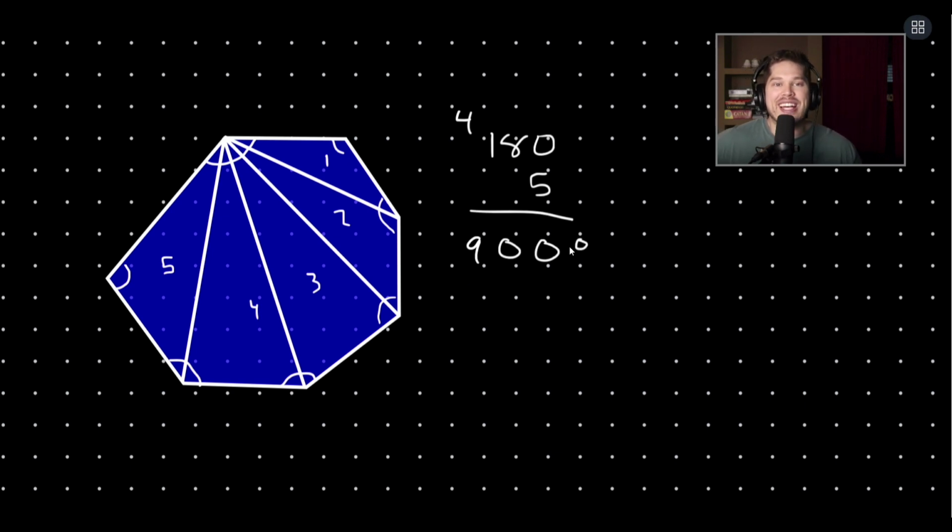So the total interior measurement for a heptagon is 900 degrees.